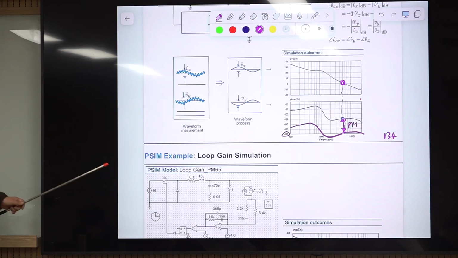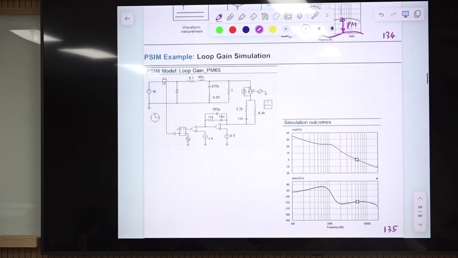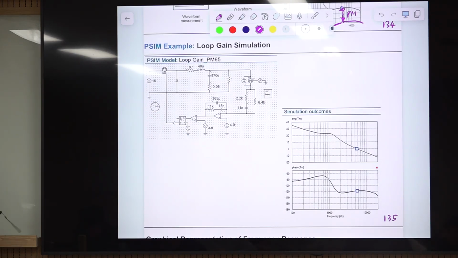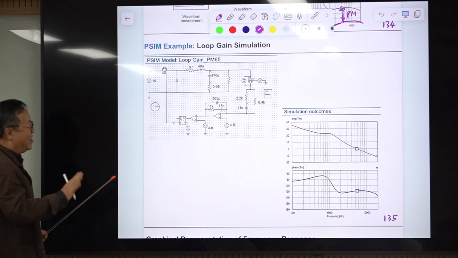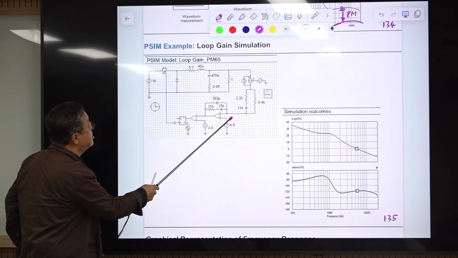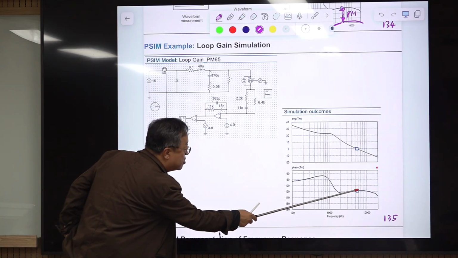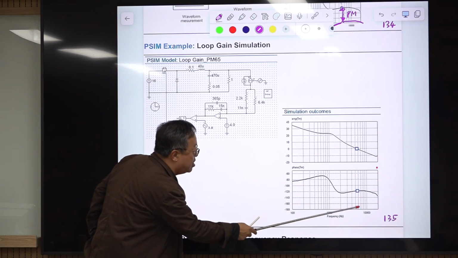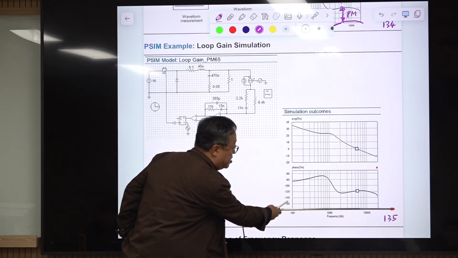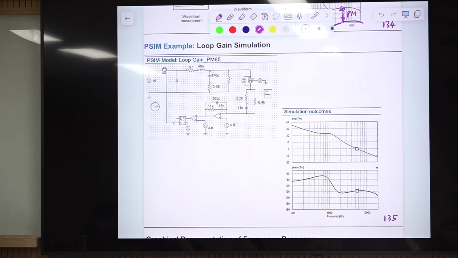We discussed this before. It's the same idea here, same thing, right? So this is the loop gain simulation. I controlled this, not carefully, but systematically selected this to have a phase margin of 60 degrees. So at this frequency, the distance between this and minus 180 degrees is 65 degrees.